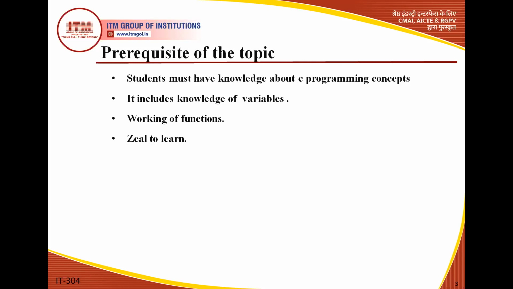Also, they must know about variables, like what the variables are, what the types of variables are, what the different data types are, etc. Also, students must know about the concept of functions.